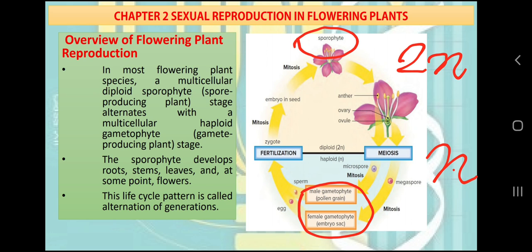And the haploid generation is called gametophyte. And sometimes we encounter male gametophyte and female gametophyte. So this is a generalized life cycle of angiosperms or flowering plants.